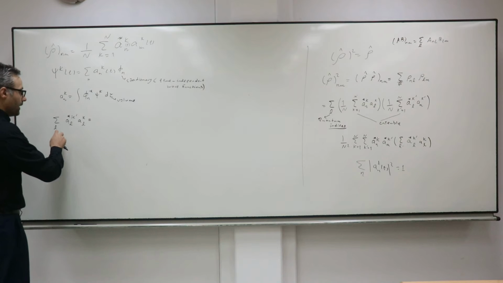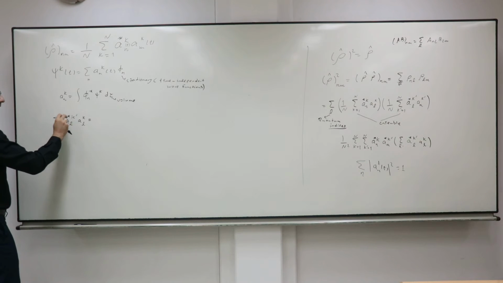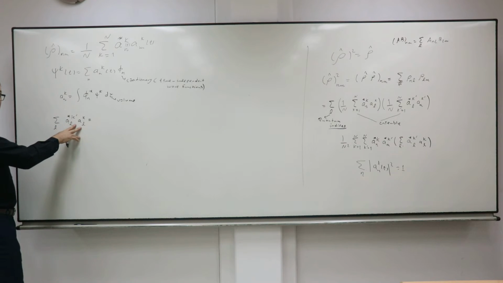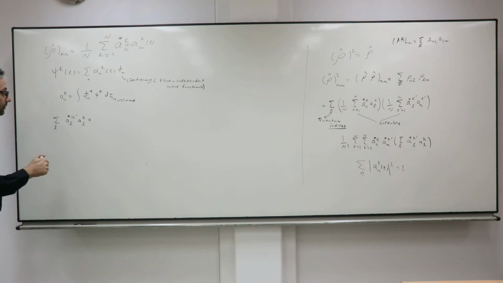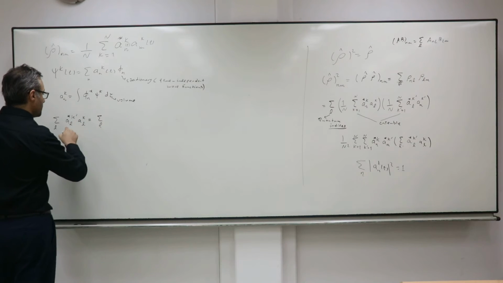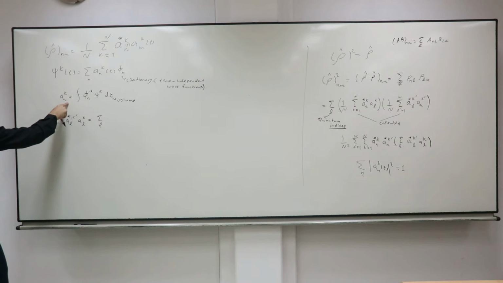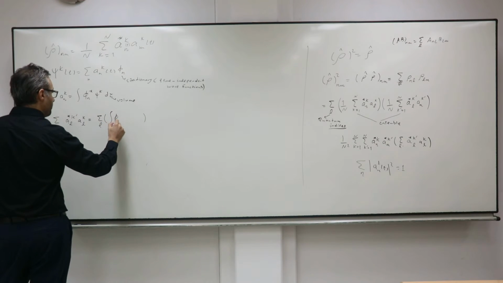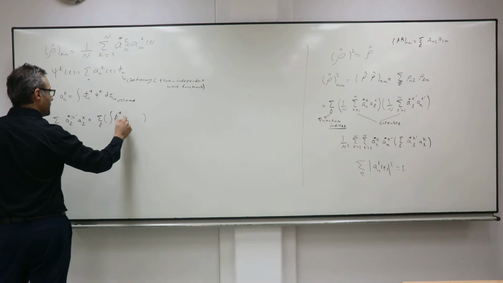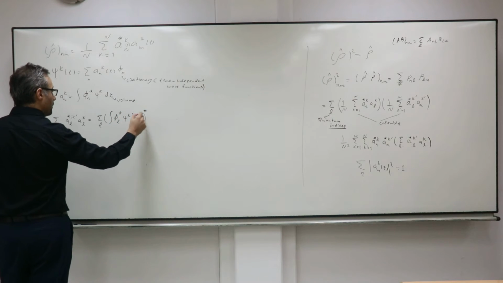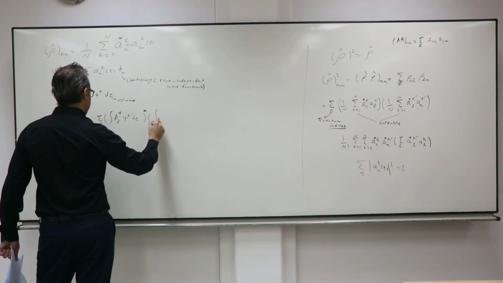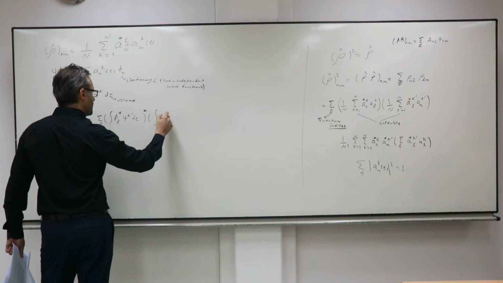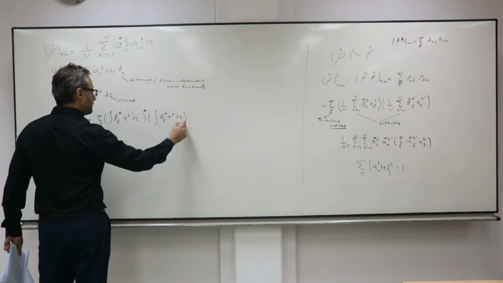It exists and is non-zero only when k equals k prime, and if k is not equal to k prime, it is zero. But why? I want to prove that. Sum over L, I want to replace A_L^k' from here: it will be the integral of phi_L star psi_k' d tau, but the whole thing should be starred. And A_L^k from here: the integral of phi_L star psi_k d tau.